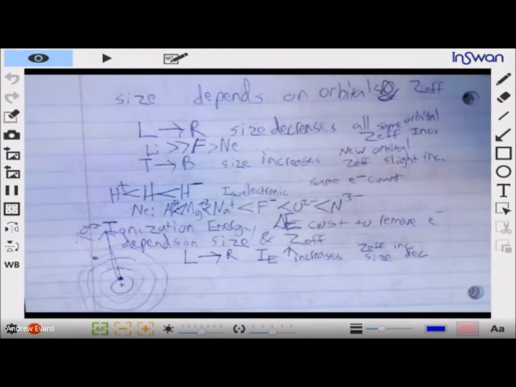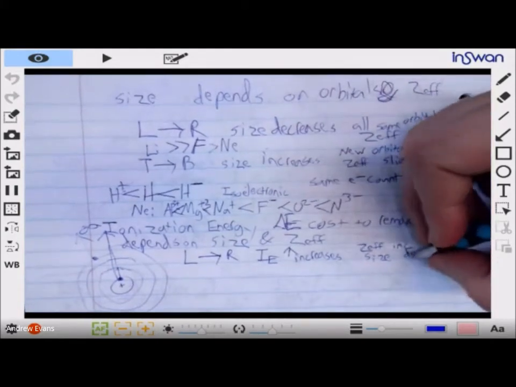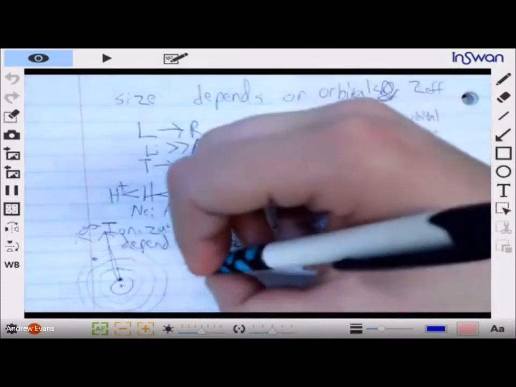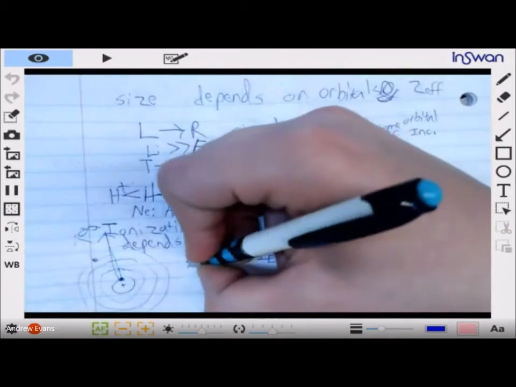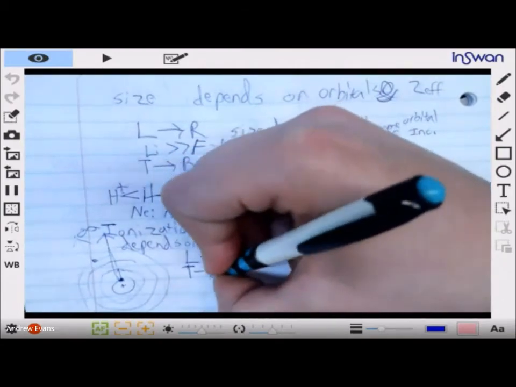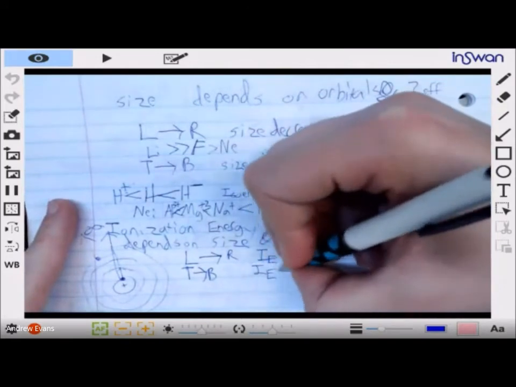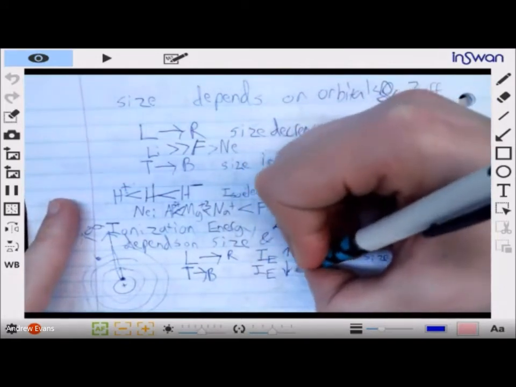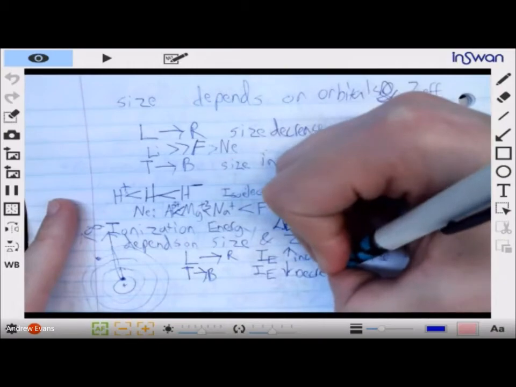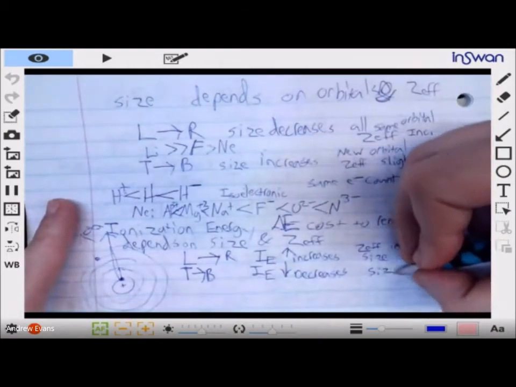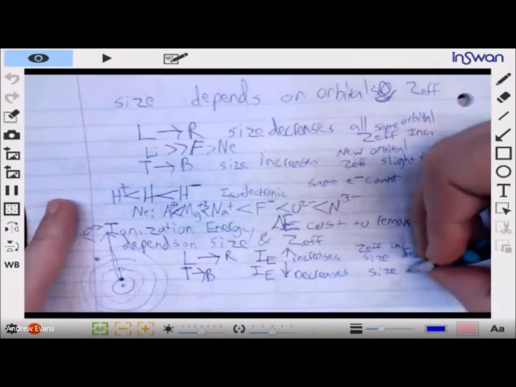So both things are working with each other. So ionization energy would increase. But moving from top to bottom, ionization energy decreases, largely because size increases.